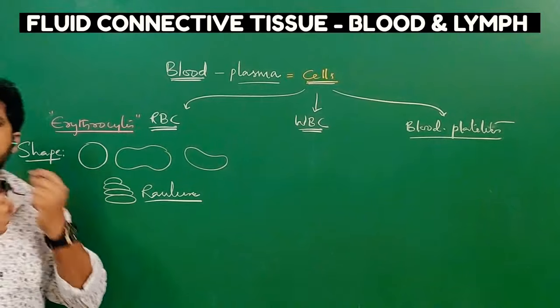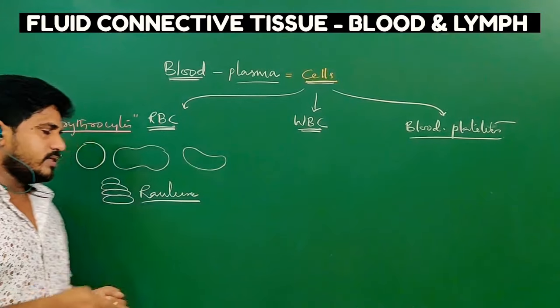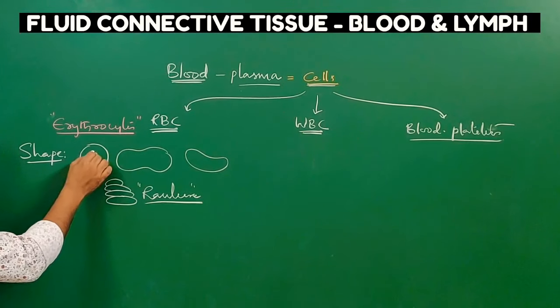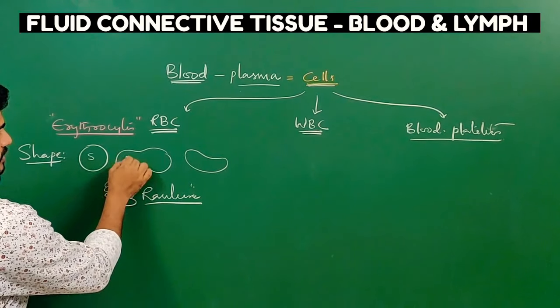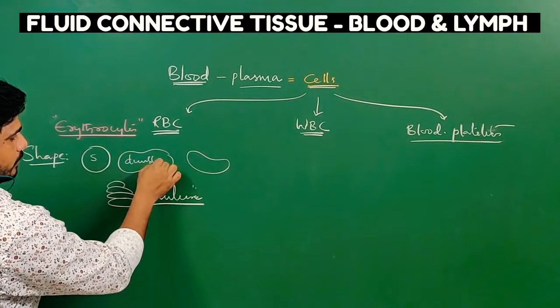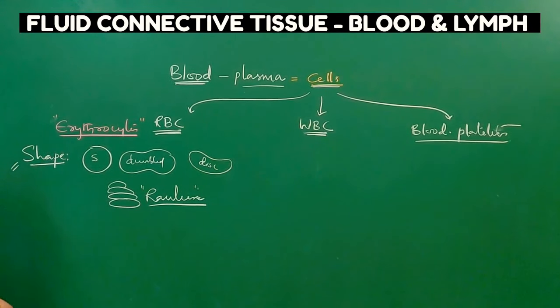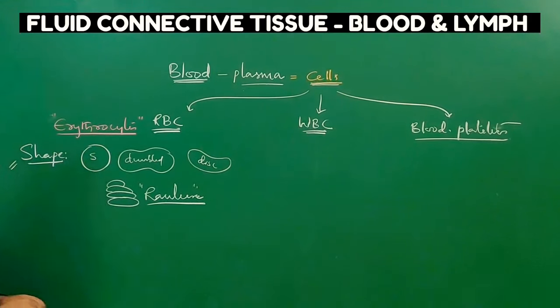If you arrange coins one by one, how does it look? Just like that. Sometimes it is spherical, sometimes dumbbell shape, sometimes disc shape. So this is about the different shapes of RBC.